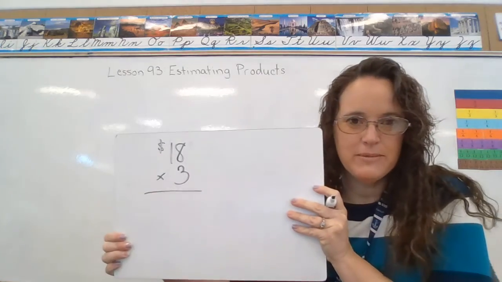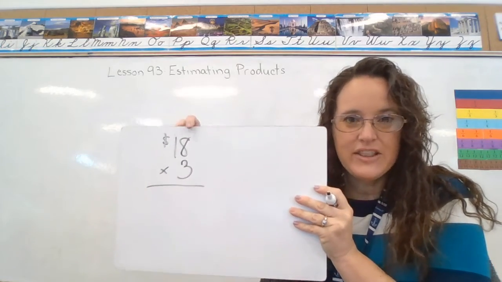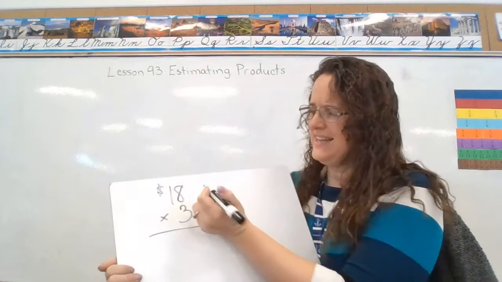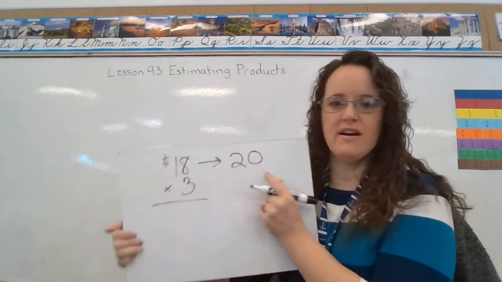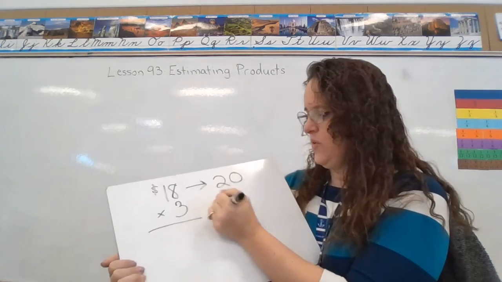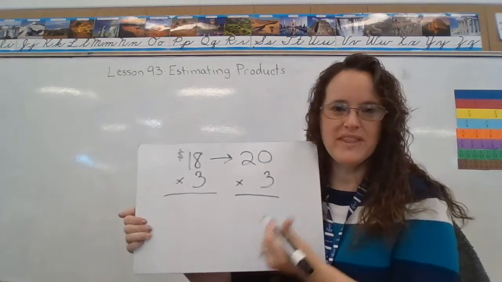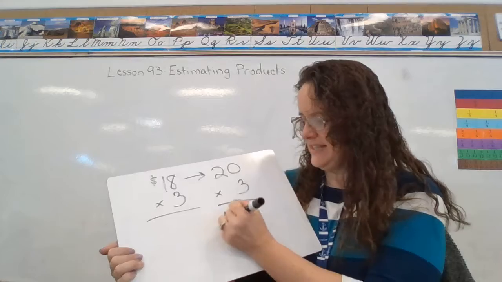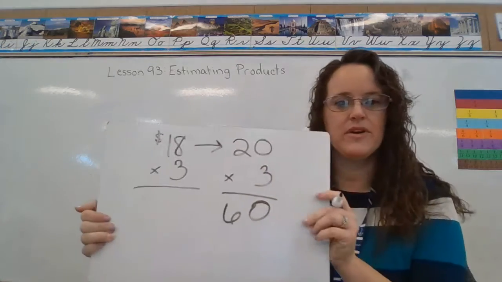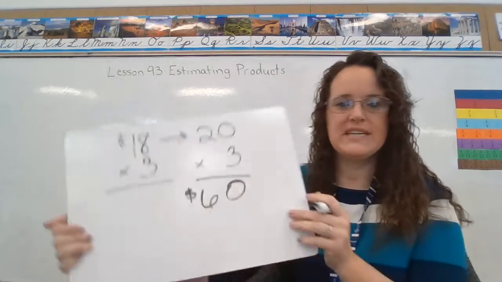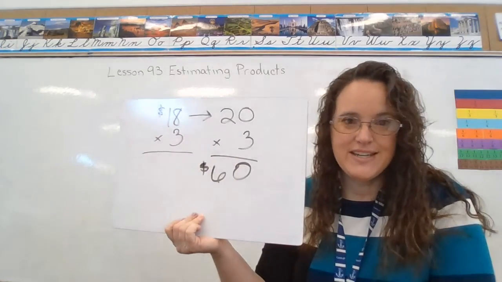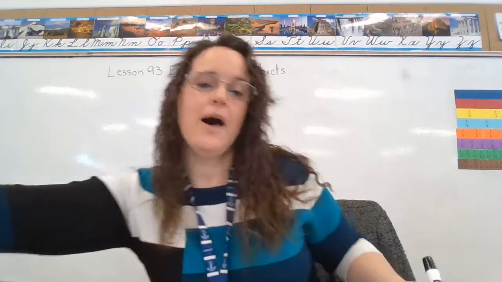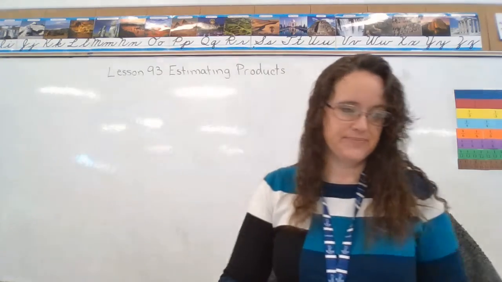That's not an easy problem to do in my head. But I can look at 18 and say, hey, 18 is really close to $20. And 20 times 3, well, that's easy. 2 times 3 is 6, and then I tack on my 0. So those 3 tickets were going to be approximately $60, or we could say about $60.